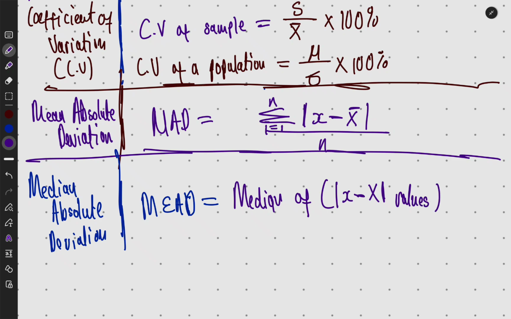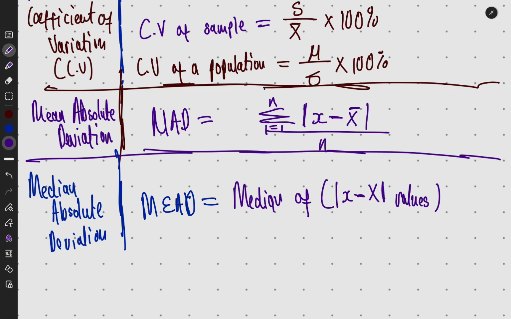So what you do is take x minus the median for every single term: x minus median, x minus median, and so on.